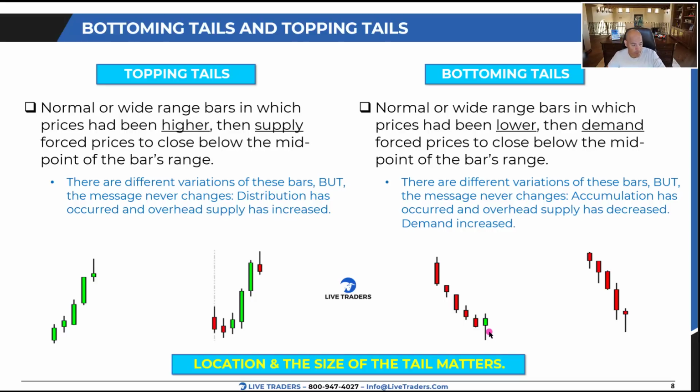And for those of you that spent some time with us over the last 4 days, what color was this bottoming tail at one point in time? Where my cursor is, right there. What color was that at one time? Talk to me. It was red, right? Rouge is red, right?